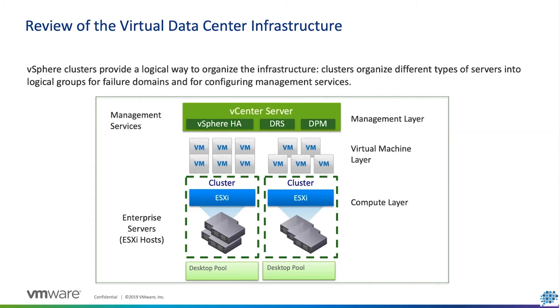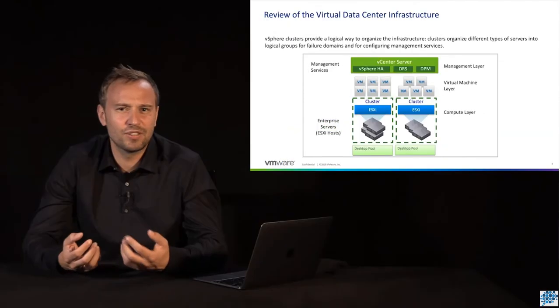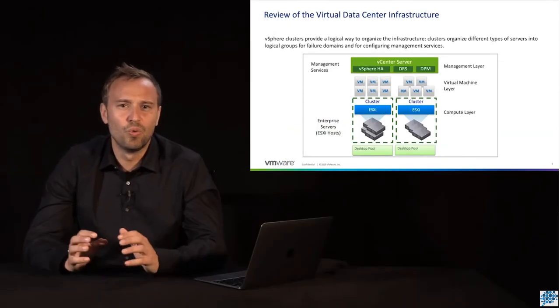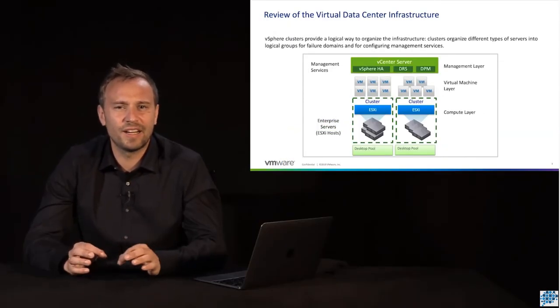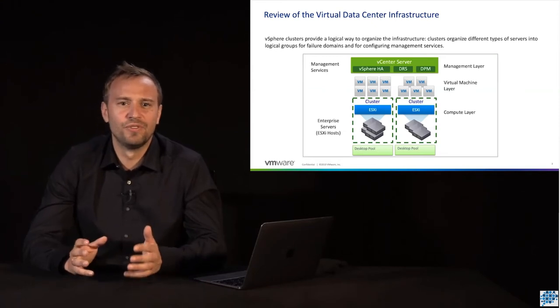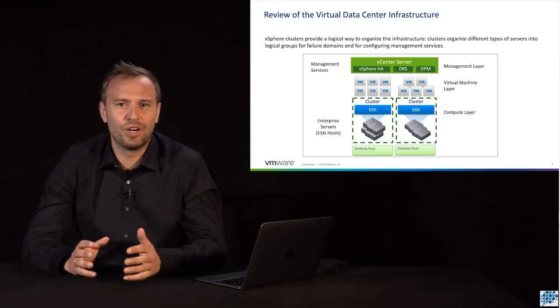So we only have one desktop pool that we can add to a certain cluster, which means the workload within this managed desktop pool is only deployed on a single cluster within our environment. Those are constraints or characteristics we need to know when we design and build the proper vSphere solution for our environment.